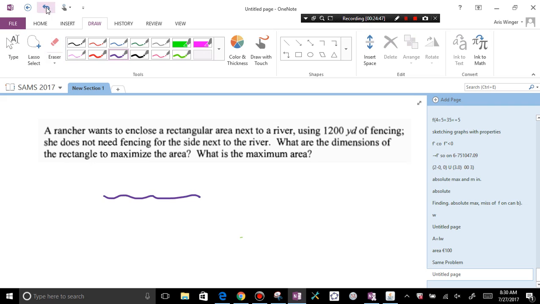There's the river. There's your rectangle.